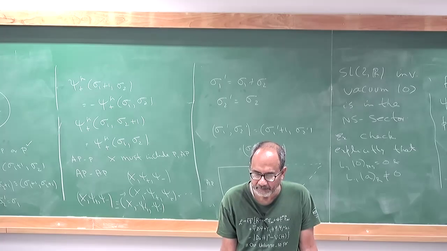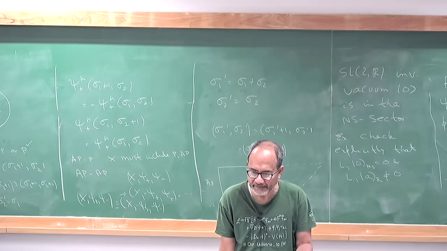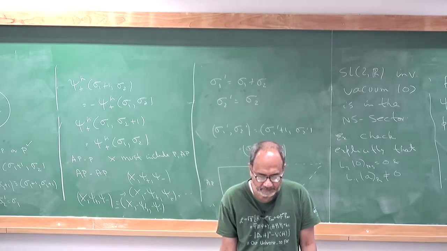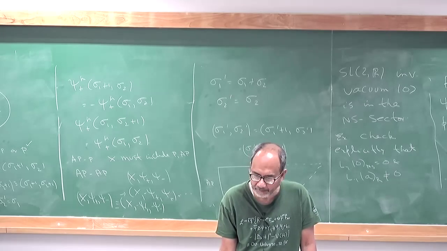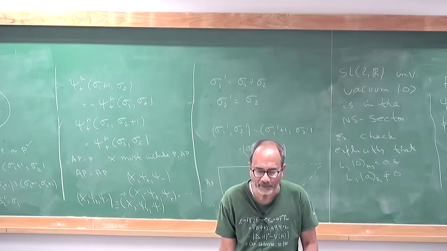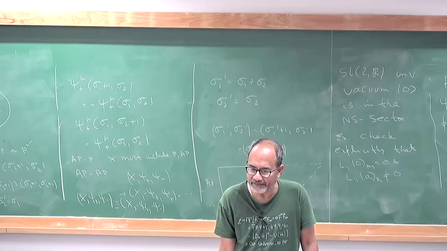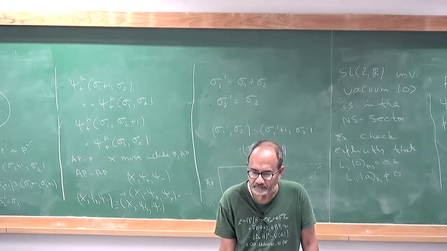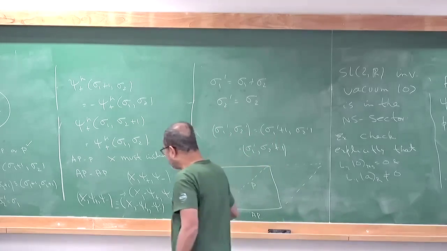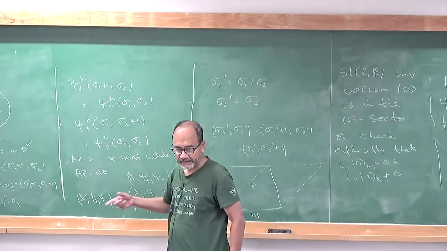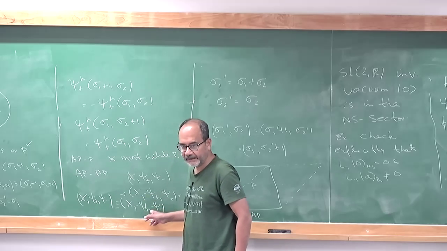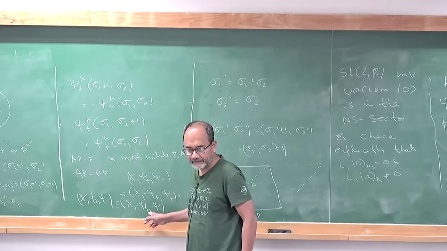But the RNS sector is just not there in type 0. But if I declare the vacuum to have even parity? Even then, RNS means psi minus is antiperiodic and psi plus is periodic. But that boundary condition is not allowed in type 0. Because as you go around the circle, you either do a minus sign or plus sign for both.